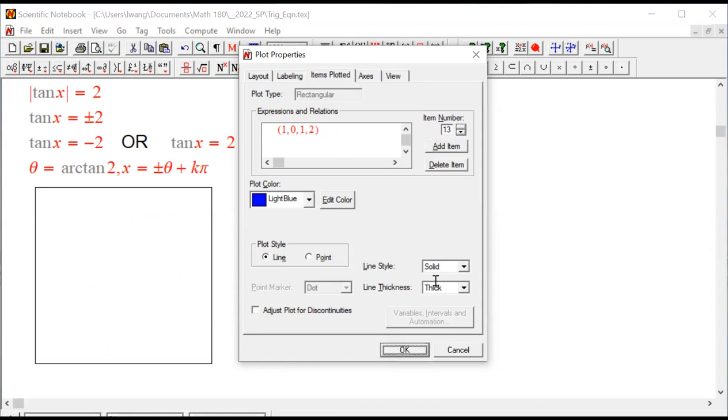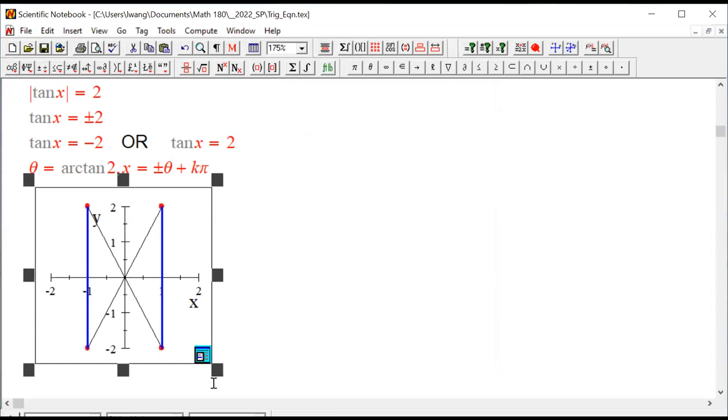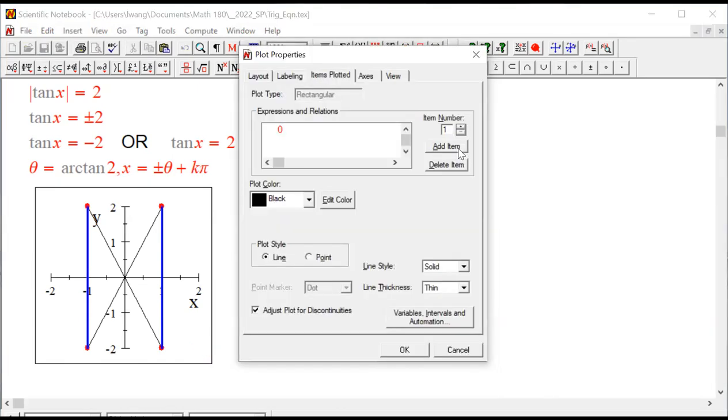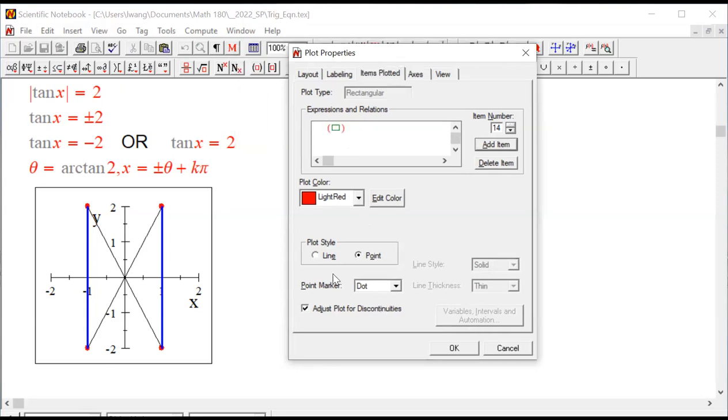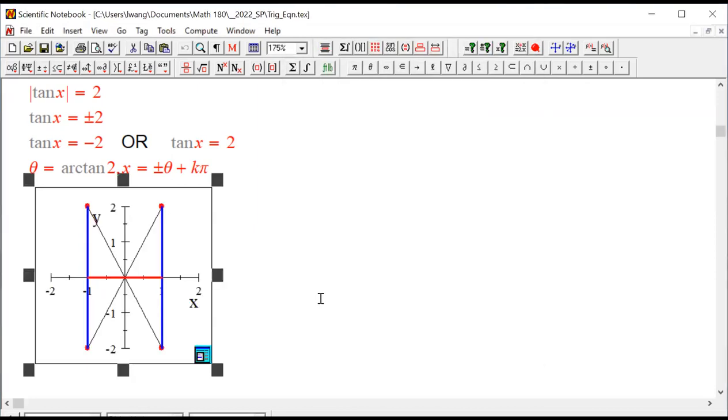Get that blue. Yep, we get the blue. And how about the red? Let's show the red, the red thick line. There, the red and blue are all expressed properly.